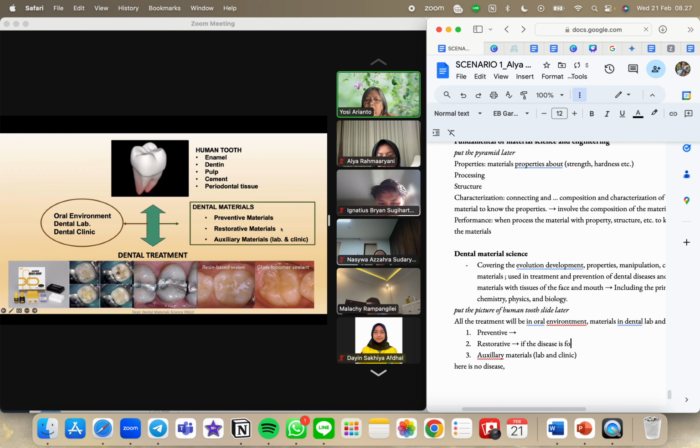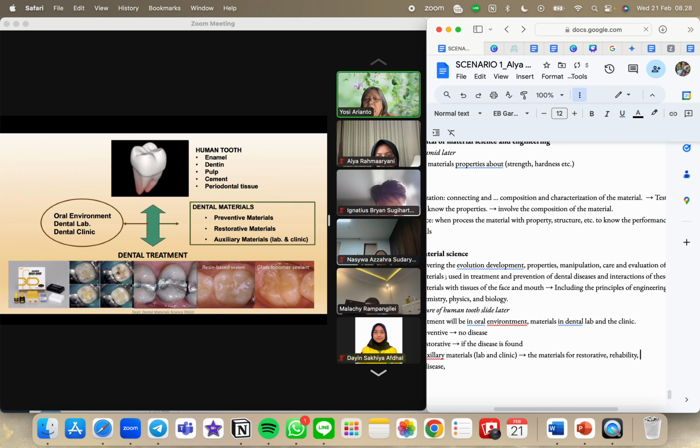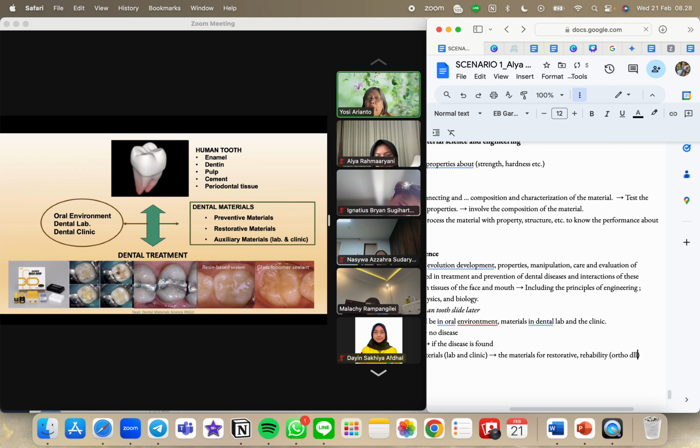The auxiliary materials are the materials that we use to support these preventive, restorative, or rehabilitative treatments, like in prosthodontics and orthodontics. We have all of the materials that we use to treat the condition of a patient.